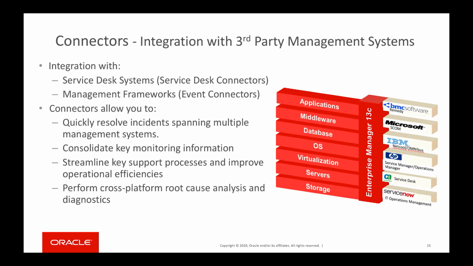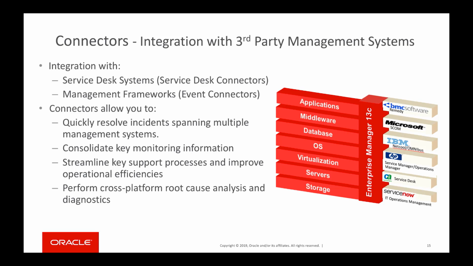Another type of connector is an event connector that connects with event management vendor products. This type of connector allows EM to forward events to third-party management systems so that they can process the event information however they want, such as to feed data to their own applications, or to run their own corrective actions to fix a problem.